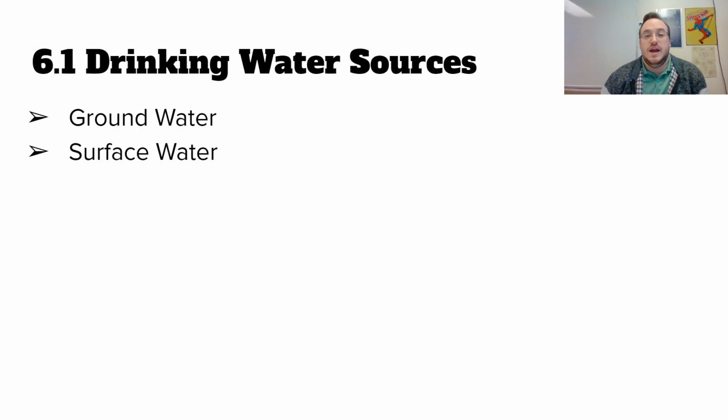Right, so a differentiation we didn't make last unit, but we talked about a lot of the stuff, is groundwater versus surface water. Groundwater is what it sounds like. It's water that's in the ground. So aquifers, right? Surface water are water sources that are on the very surface of the earth. So we're talking lakes, streams, rivers, creeks, reservoirs, ponds, water collection sites where they are collecting rainwater, right?